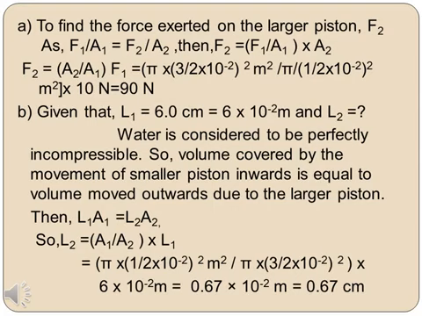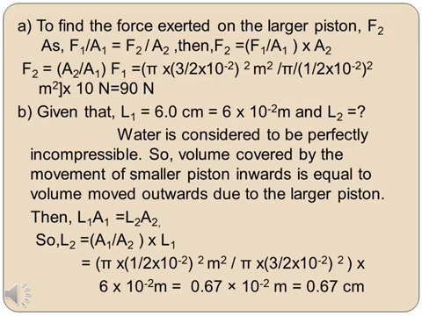And we have to find the distance through which the larger piston moves out. Given that L1 is equal to 6 cm, converting into meter, it is equal to 6 into 10 the power of minus 2 meter. As water is considered to be perfectly incompressible, volume covered by the movement of smaller piston inwards is equal to volume moved outward due to the larger piston. Then V1 is equal to V2.